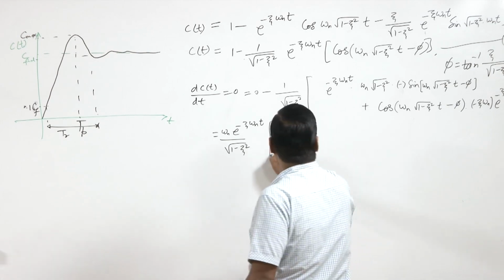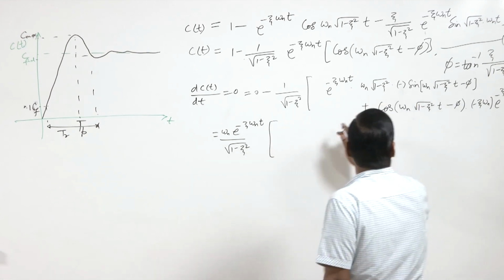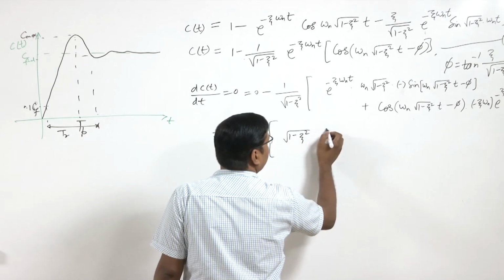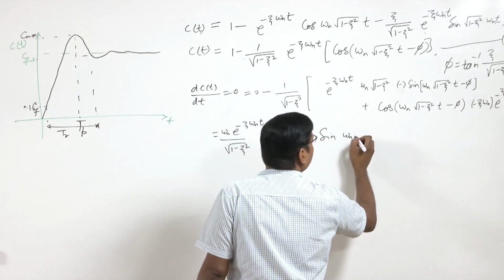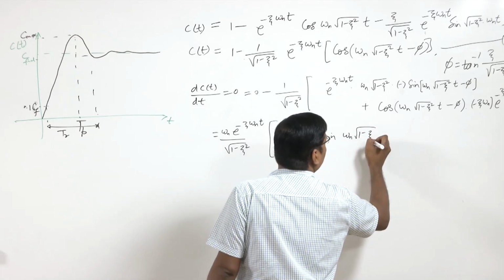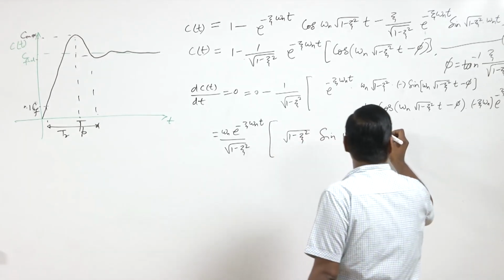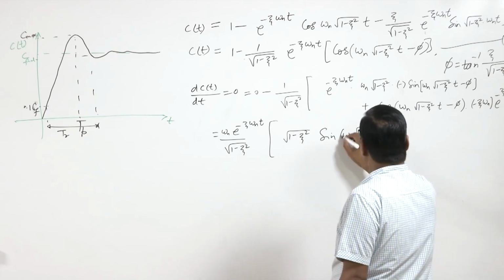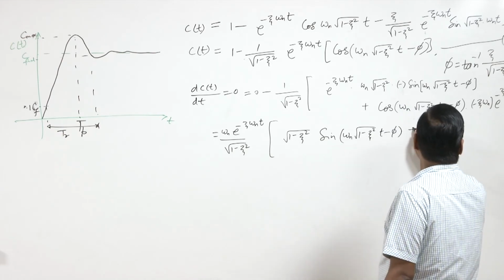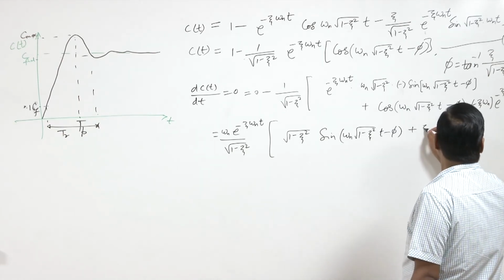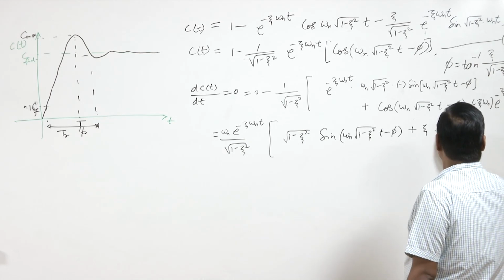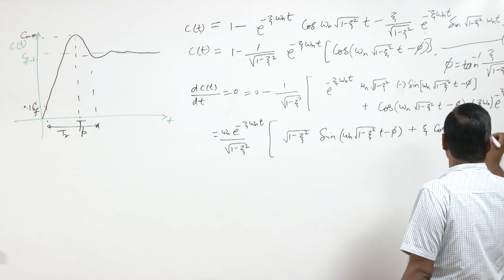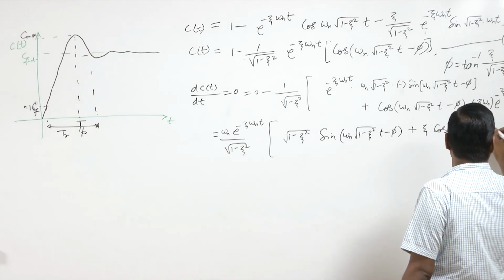So what will remain is root 1 minus zeta square into sine omega n root 1 minus zeta square t minus phi, plus zeta cos omega n root 1 minus zeta square t minus phi.